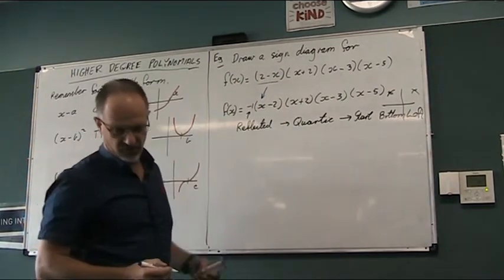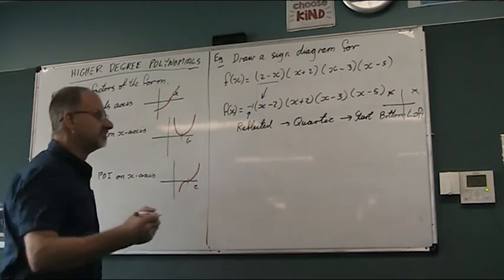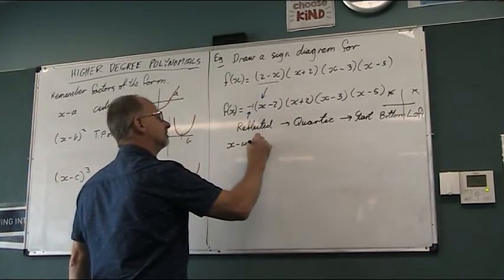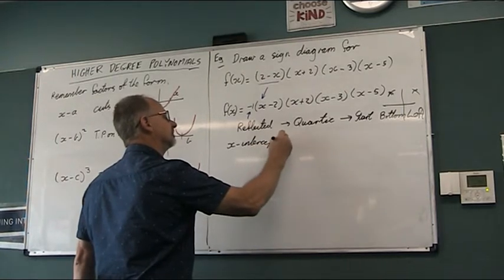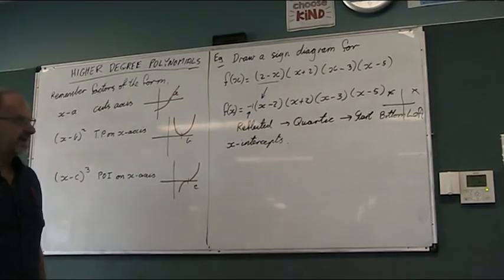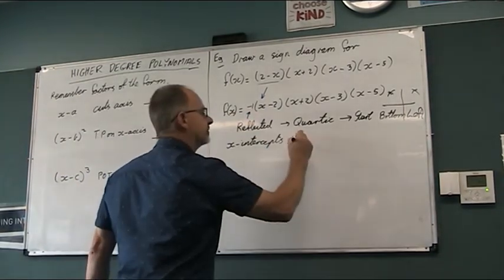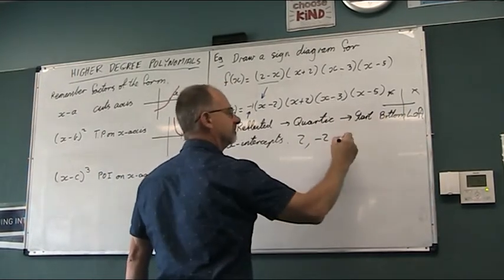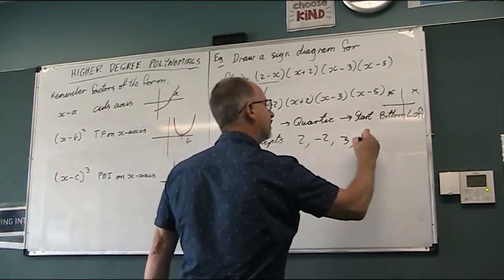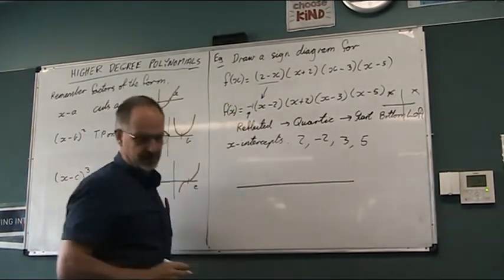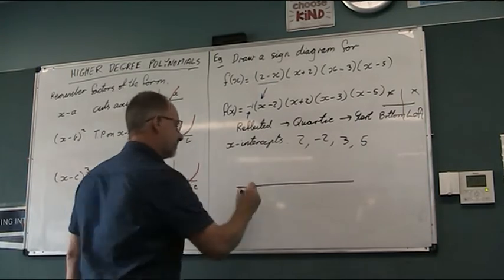Alright, so when we're drawing our x-intercepts, where would our x-intercepts be? They would be at 2, -2, and 5. So when we're drawing our sign diagram, we need those numbers.